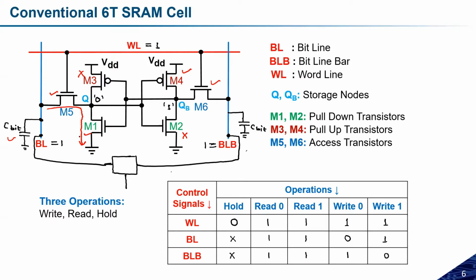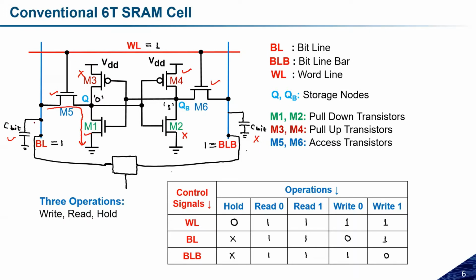Now let us check the status of the bit line bar capacitor. The bit line bar capacitor is at logic 1, it is charged, and QB is logic 1, so there is no potential difference. So this bit line bar capacitor will not discharge, only the bit line capacitor will be discharged.